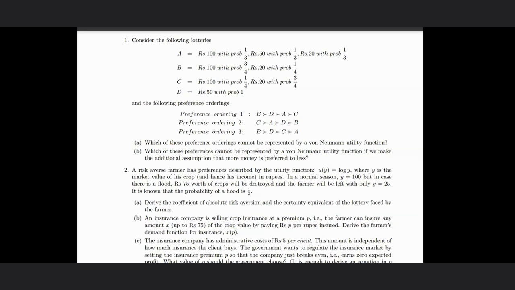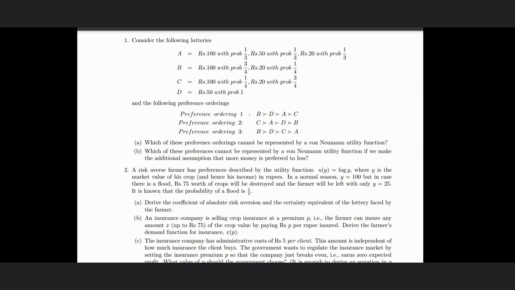So I've calculated the expected utility of the farmer, the market value of the crop basically, which would be 1 by 2 log of 100 plus 1 by 2 log of 25, which is coming to be equal to log 50.